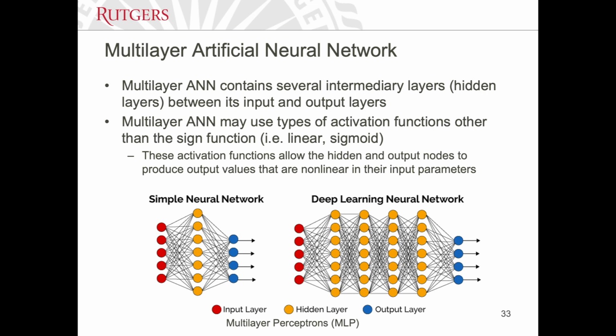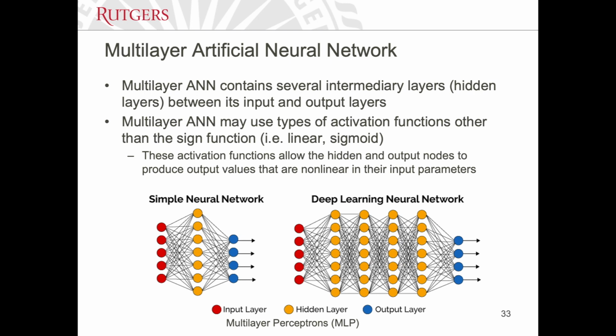These activation functions allow the hidden and output nodes to produce output values that are non-linear in their input parameters. This complexity allows multi-layer neural networks to model more complex relationships between the input and output variables.